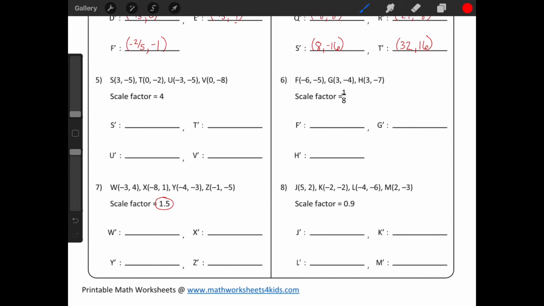Just a little hint, the 1.5 and the 0.9, those are not going to make any difference. Use the calculator you've been given because at this point it's not about whether you can multiply by decimals. It's about whether or not you can use your tools that you're given, like a calculator, to find the new dilated point that you need to dilate the entire image.